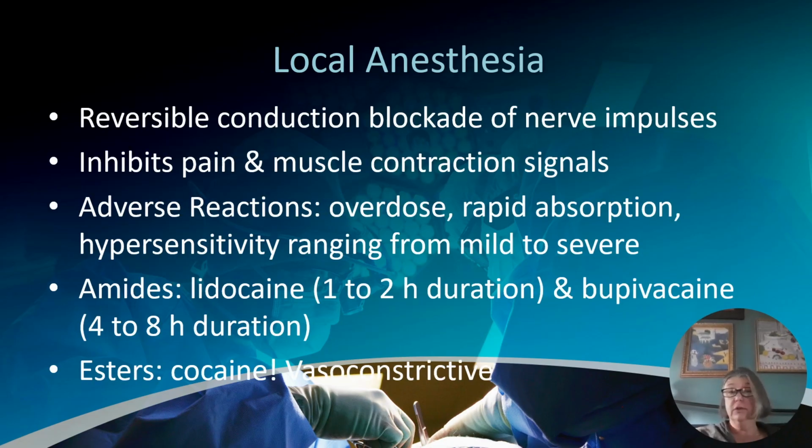All right, locals. So locals cause a reversible conduction blockade of nerve impulses when they are placed in proximity to nerve membranes. So a local just goes around the area of whatever we're doing, right?